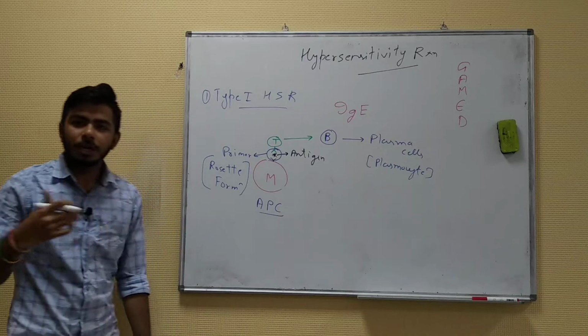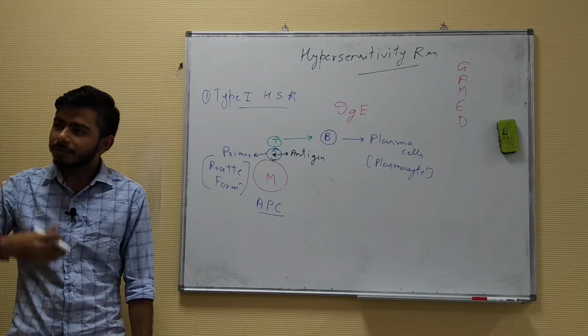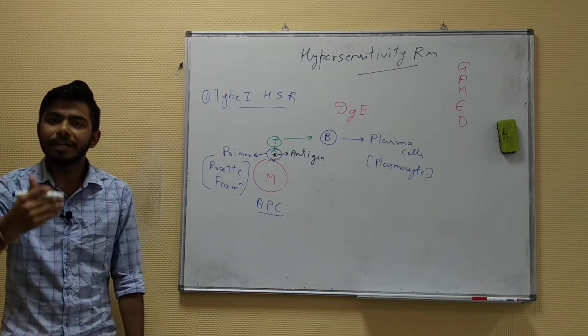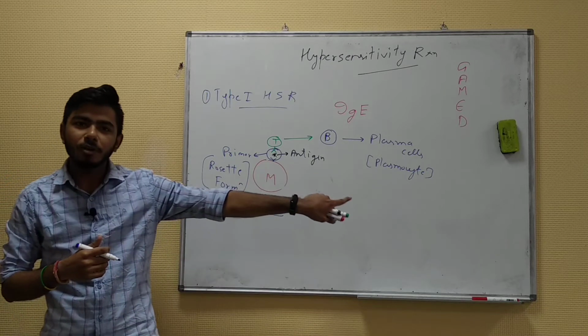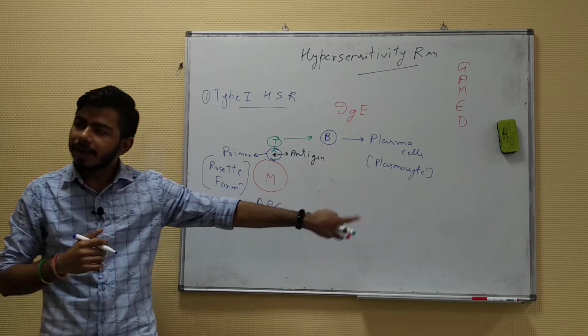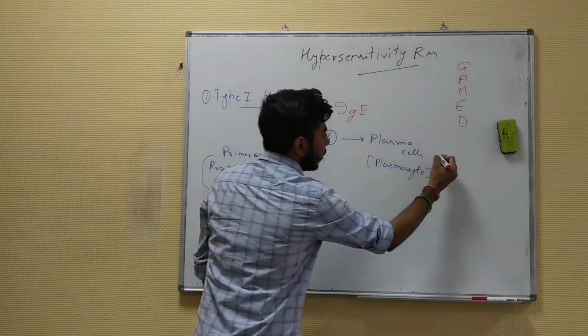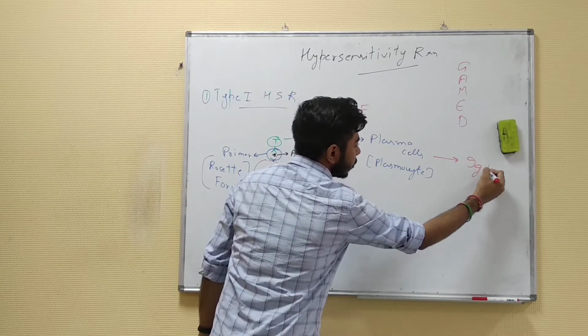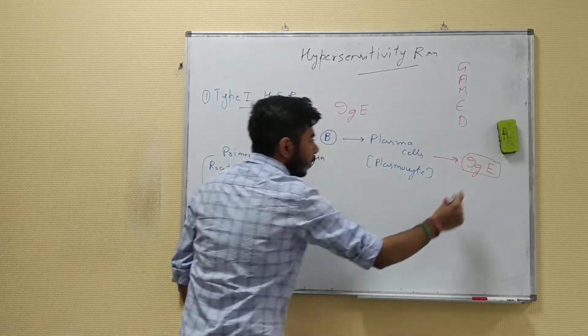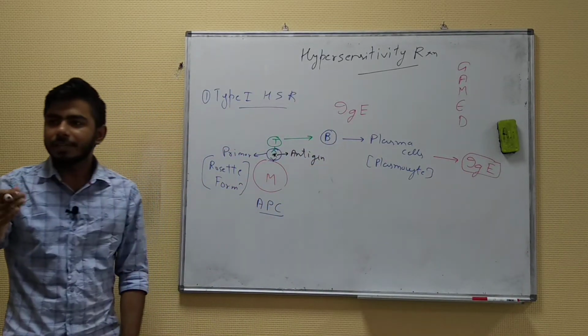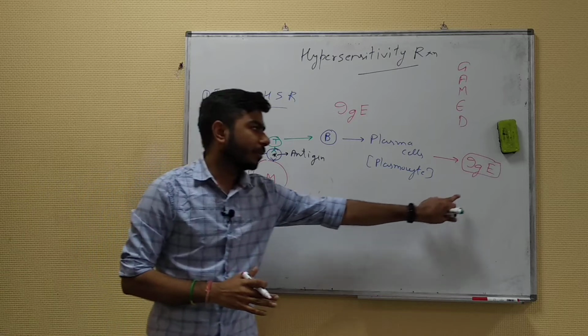And what is the function of a plasmocyte or plasma cell? Plasma cells produce immunoglobulin or antibody. In this case, which kind of immunoglobulin will be produced? Immunoglobulin E will be produced. So here is the immunoglobulin E production. Till this position, we had immunoglobulin E production.